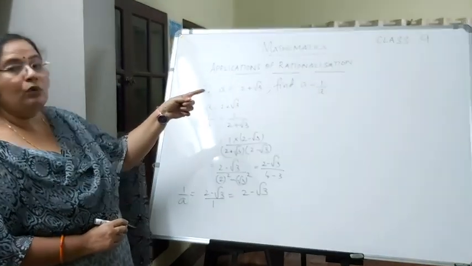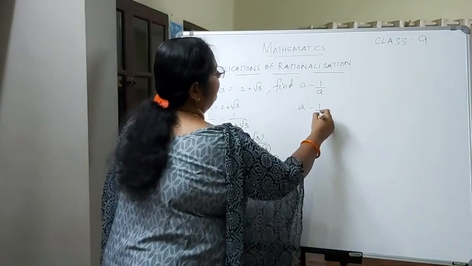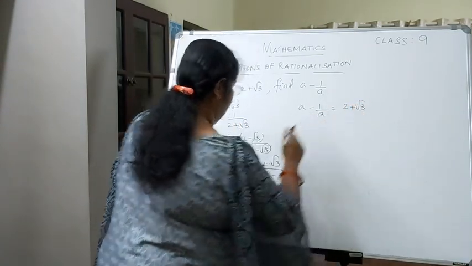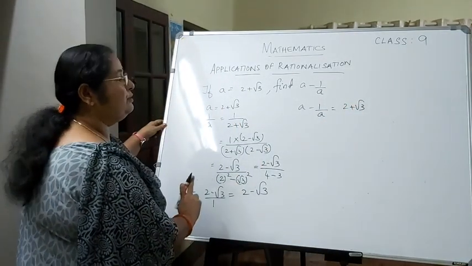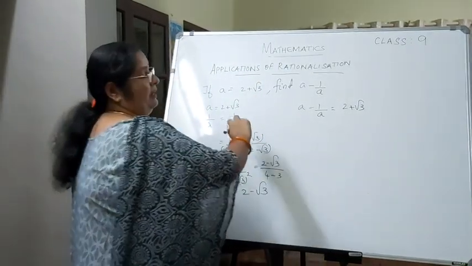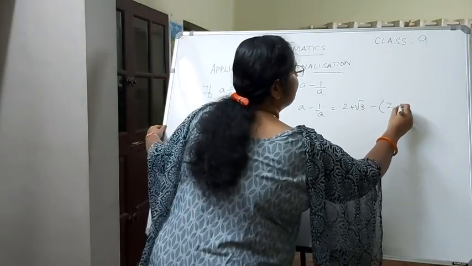Now can't we find out what is a minus 1 by a? So what is a minus 1 by a? a is 2 plus root 3 and 1 by a is 2 minus root 3. But here it is minus 1 by a, so minus of 2 minus root 3.